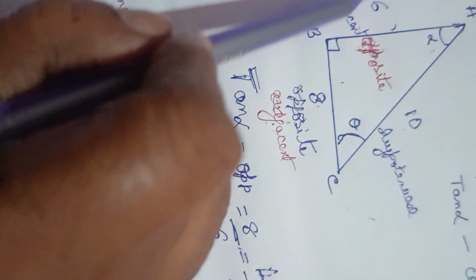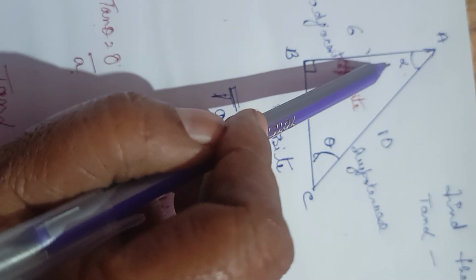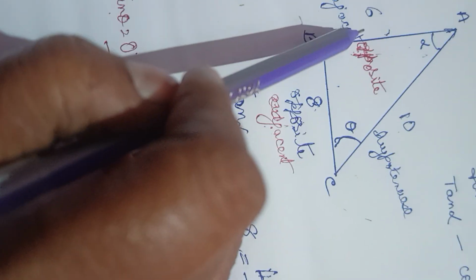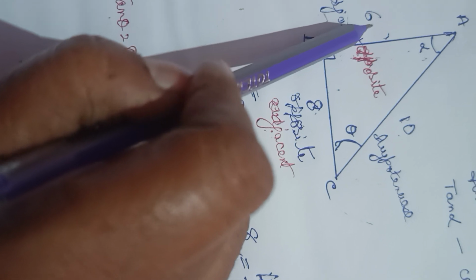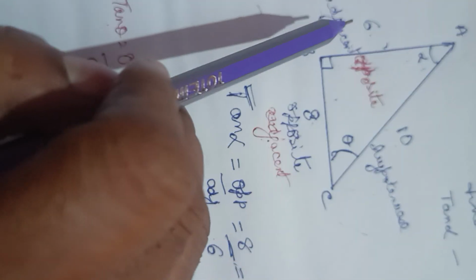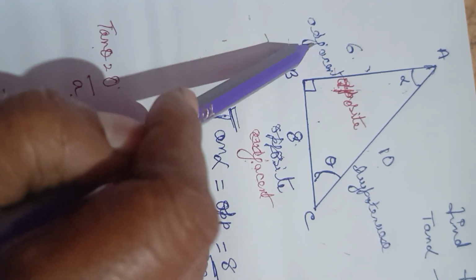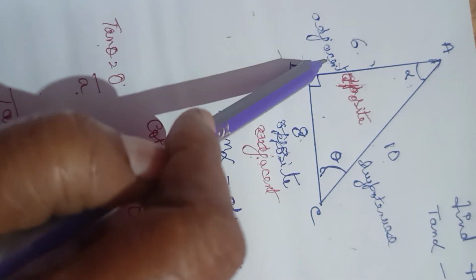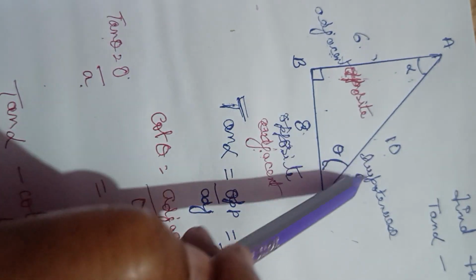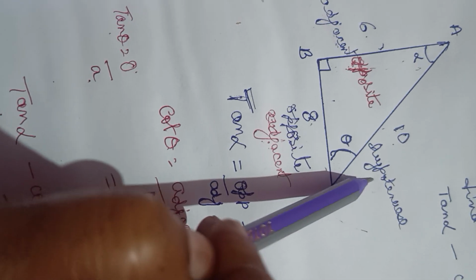Then the side which is forming the angle alpha along with the hypotenuse is called the adjacent. So this becomes the adjacent side. I have written in blue pen, so whatever I have written in blue pen, that you have to see. And the side which is slant is called the hypotenuse.